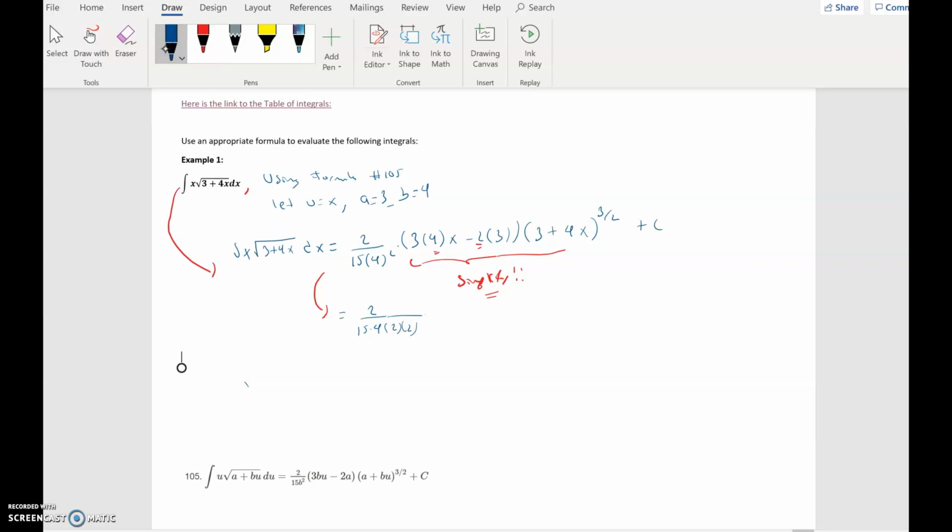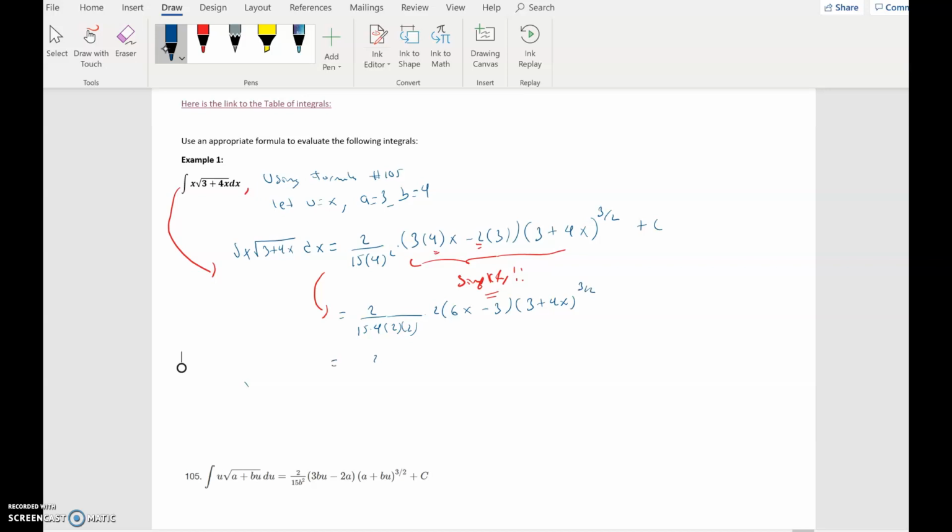So that's going to give us times a 2 times the 3x minus 3. Wait, if you factor the 2, that's going to be 6x. So this will give us a 6x, and we can factor a 3, which is going to cancel with the 15. So let me just rewrite it as 3 plus 4x raised to the 3 halves.